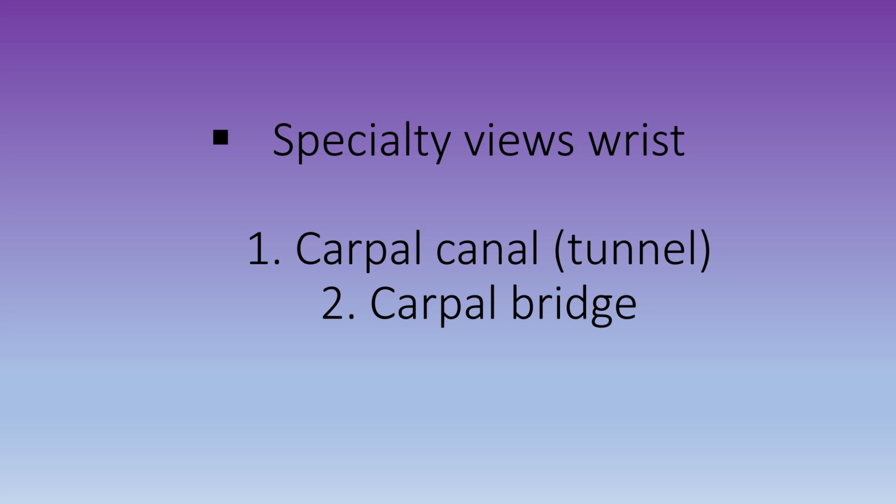All right. So last time when we were recording wrist, we got cut off on those last couple of slides. So before we go into forearm, I would like to go back and just make sure that we cover two of the specialty views of the wrist that were cut off in that last one.